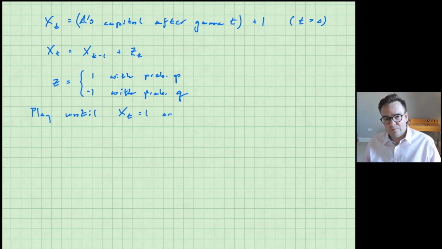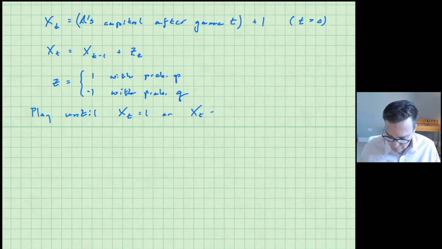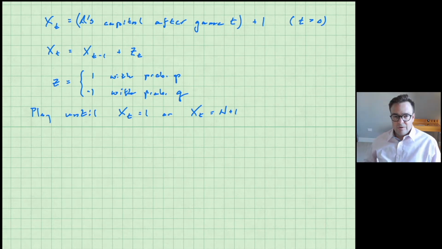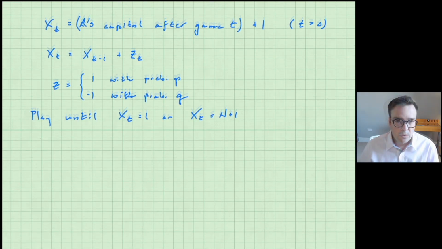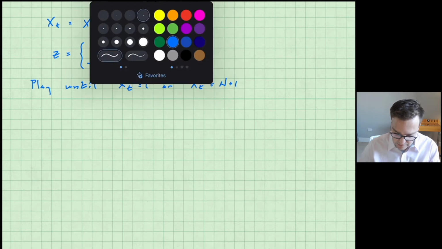If player A's total number of tokens plus 1 is 1, then that means player A's tokens is 0. Or x_t is equal to N plus 1, which means player A's number of tokens is N, which is a plus little b. Okay, so now we can just recall what the directed graph looks like for this problem.